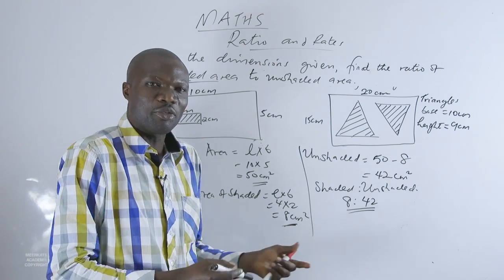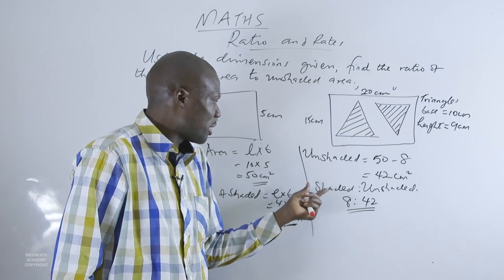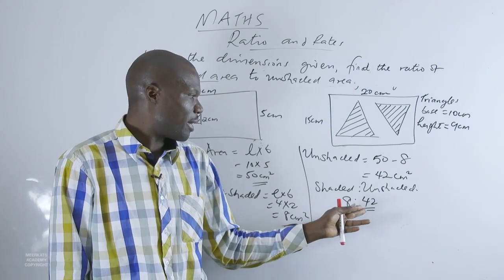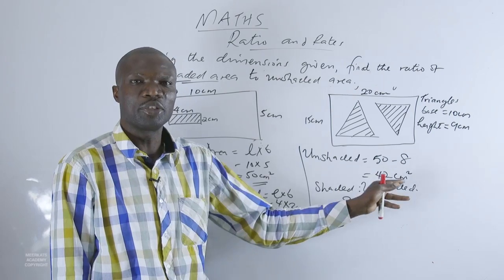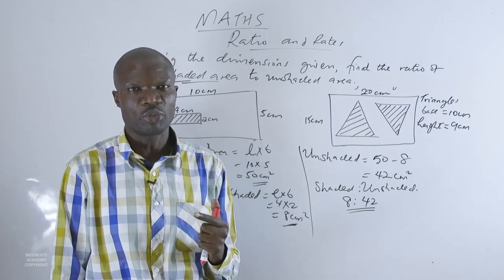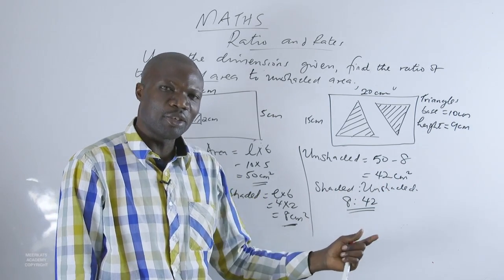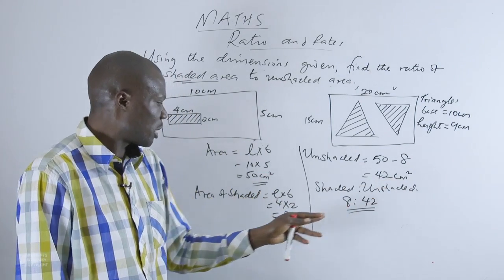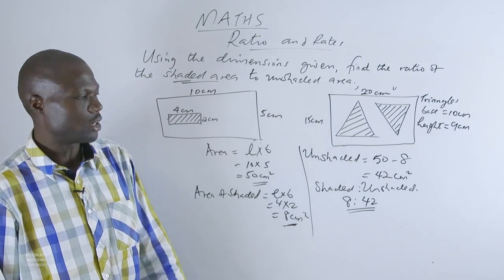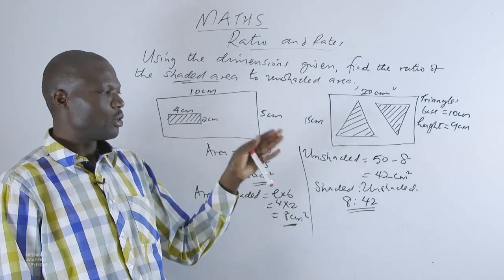We have been able to find the area of the shaded to the area of the unshaded. To get the unshaded, we had to subtract. That is what we are looking for. Note that in this ratio, the units must be the same. This was 42 square centimeters. This was 8 square centimeters. So we have the same units.